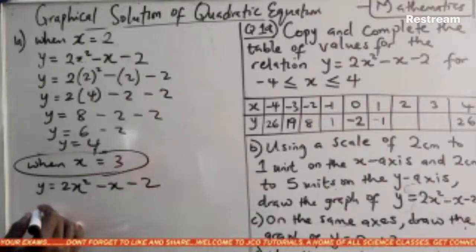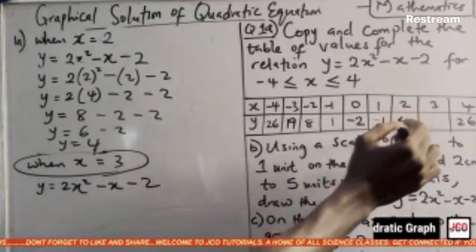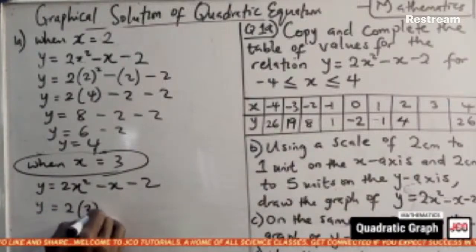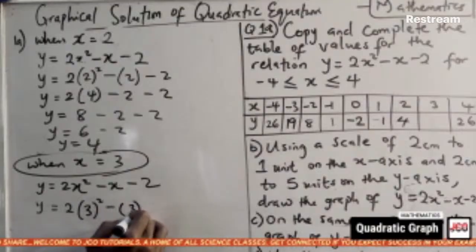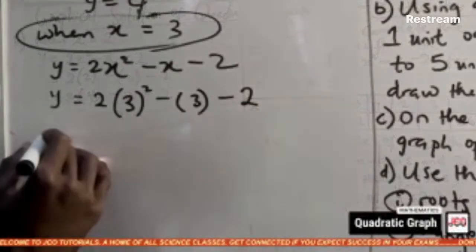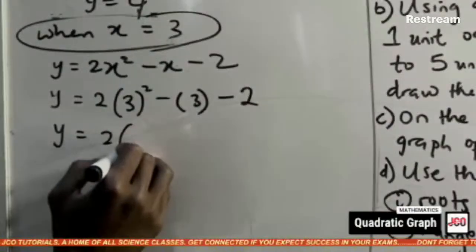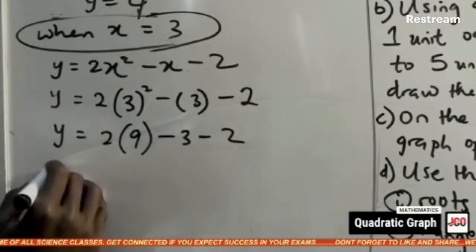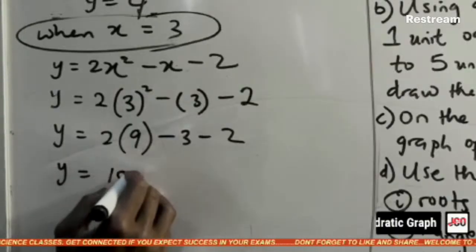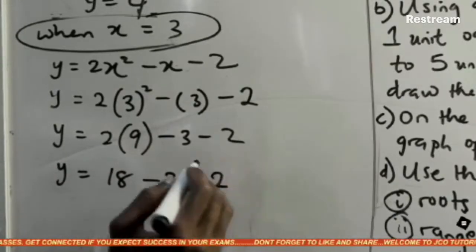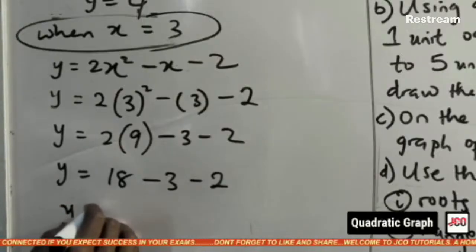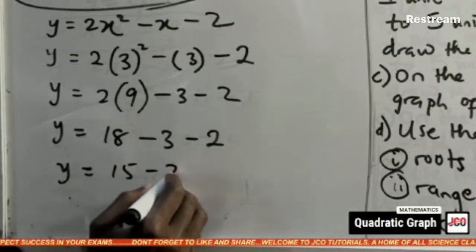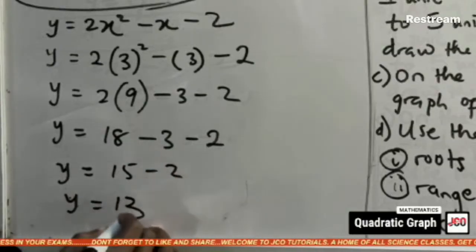So the next is when x is 3. Here we got 4. When x is 3, y is equal to 2 times (3) squared minus (3), then minus 2. 3 squared is 9, minus 3, minus 2. 2 times 9 is 18, minus 3, minus 2. 18 minus 3 gives you 15. 15 minus 2 gives you 13.